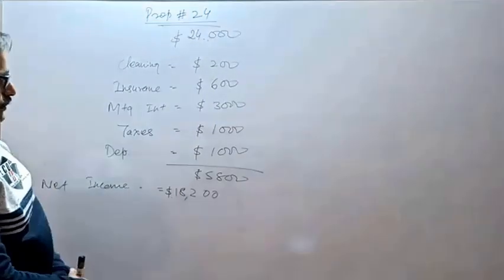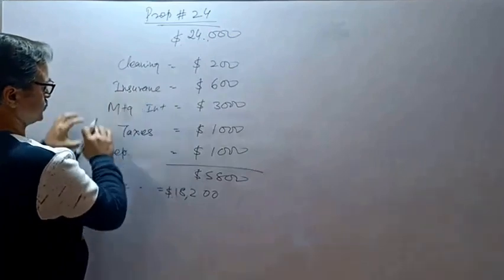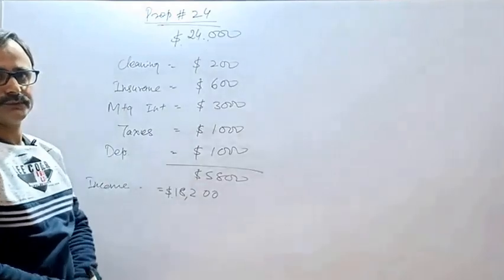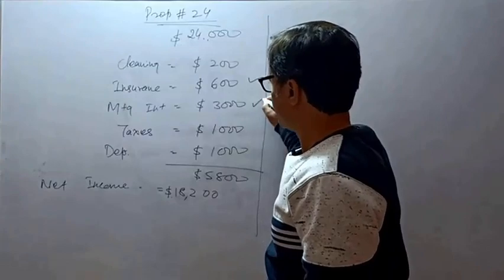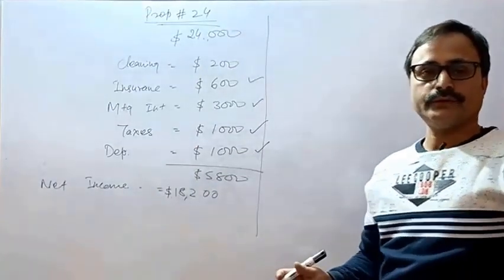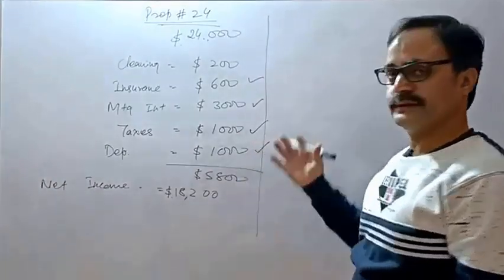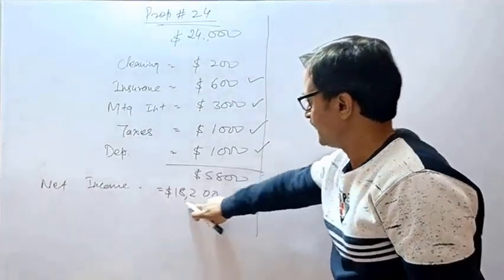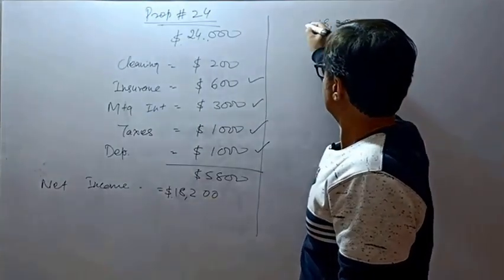Okay, now what we are going to do, we are going to add back the insurance, mortgage interest, taxes and depreciation into this amount, right? We are always going to add back this amount to the net income, and then consider the income. So the net income received is $18,200.